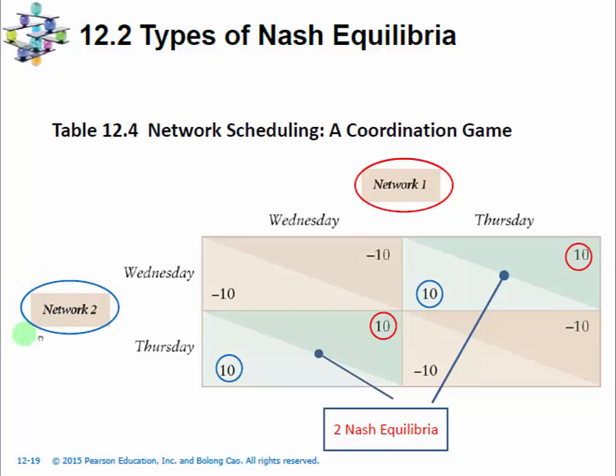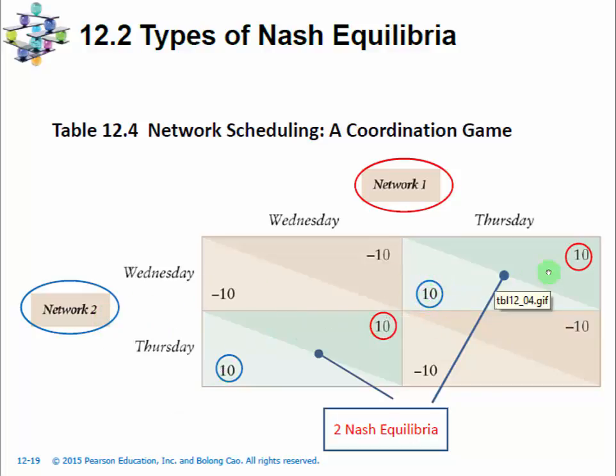And again, same as network 1, as long as network 2 does not schedule on the same night as network 1 when it will put on the new reality show, network 2 is making the best response. So if network 1 puts the show on Wednesday, network 2 puts it on Thursday. If network 1 puts it on Thursday, network 2 will put it on Wednesday.